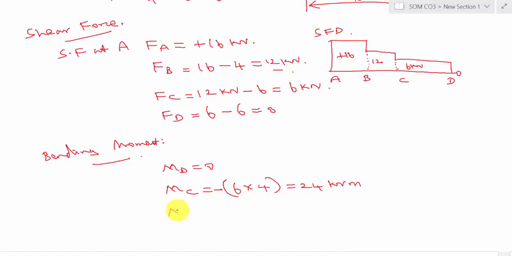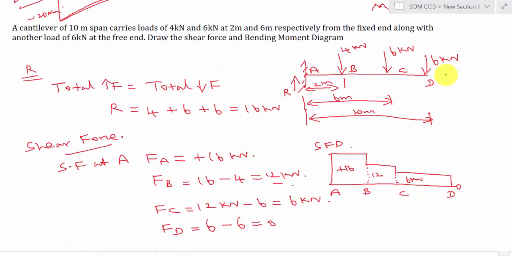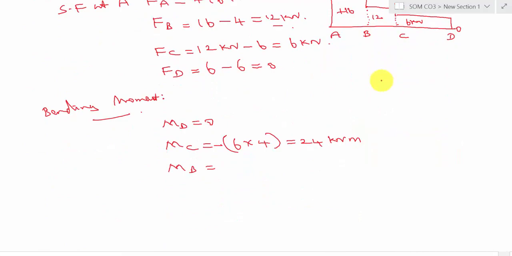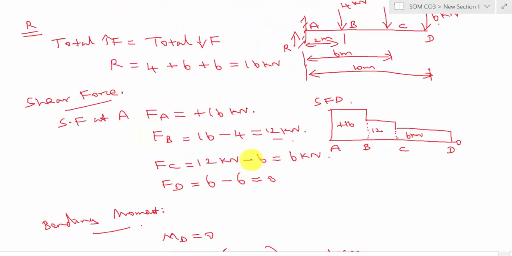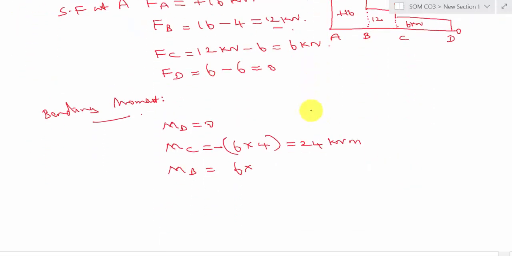Then at point B, MB is equal to, so we have two forces, one is this 6 kilonewton and the other one is the 6 kilonewton acting at point C. So first consider this 6 kilonewton that is acting at point D. So it is 6 into the perpendicular distance. We are calculating the bending moment at B and the distance is 10 minus 2, it is 8 meter.